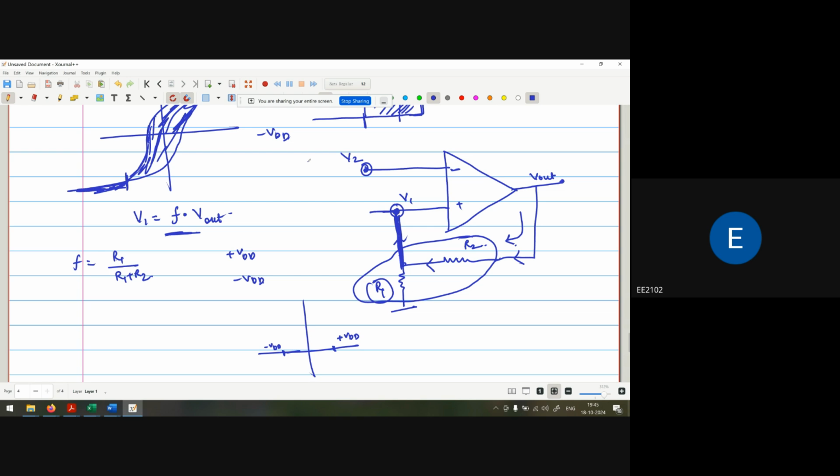So the difference between these two is twice VDD, which is nothing but twice V. So the voltage V1 is twice R1 upon R1 plus R2 multiplied by V out.